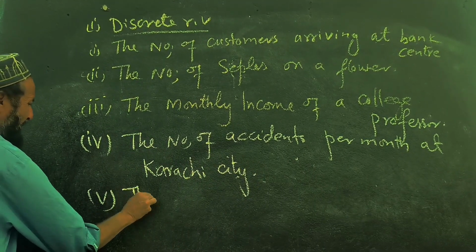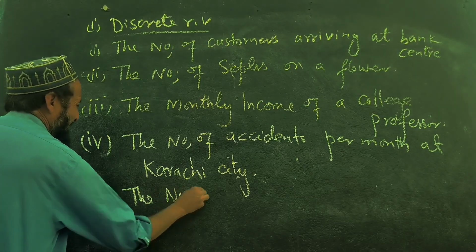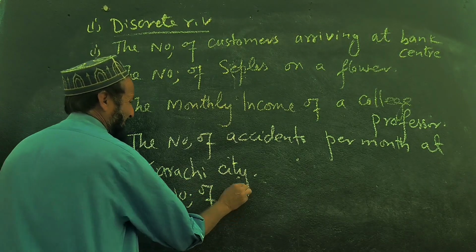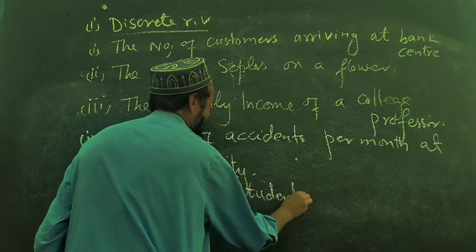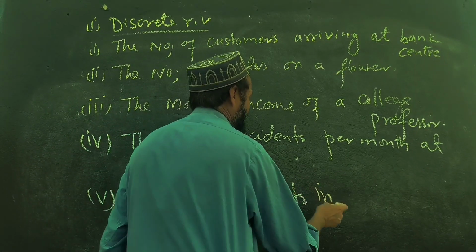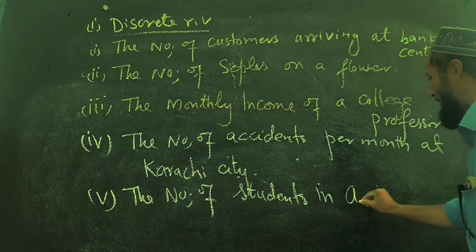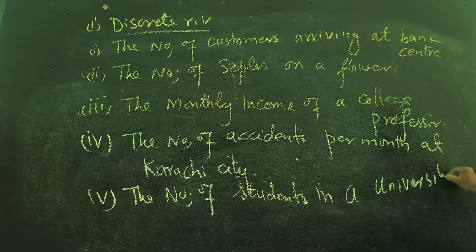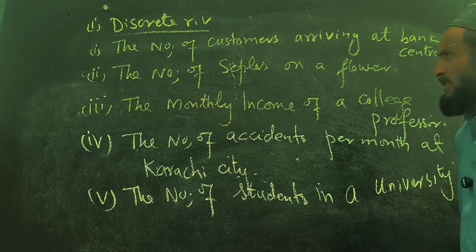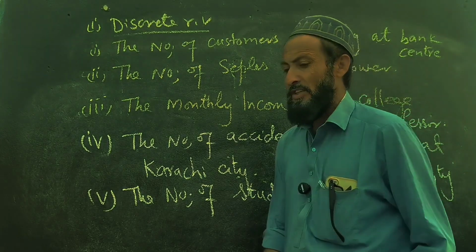The number of students in a university. These are the general examples of the discrete random variable.